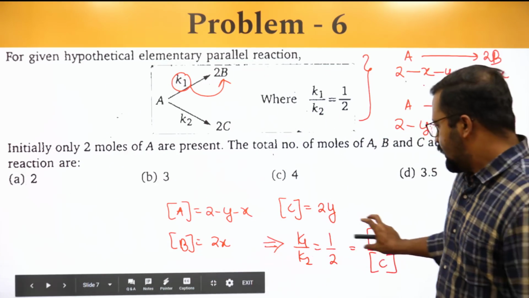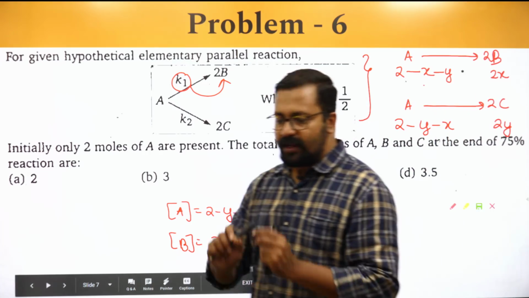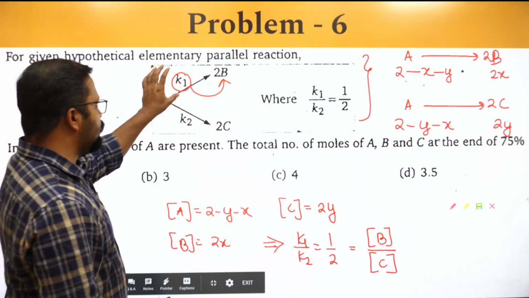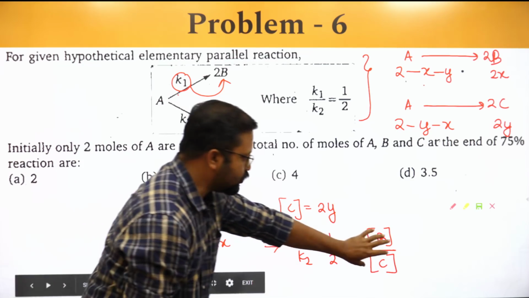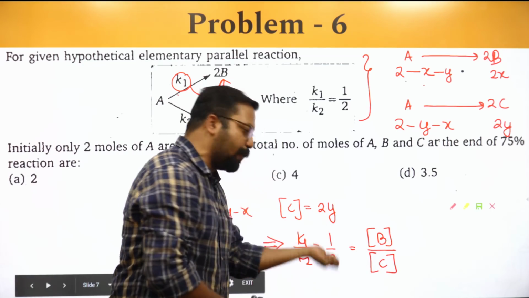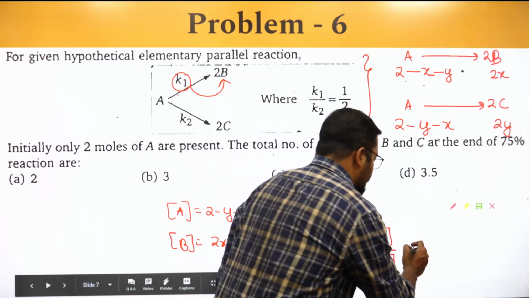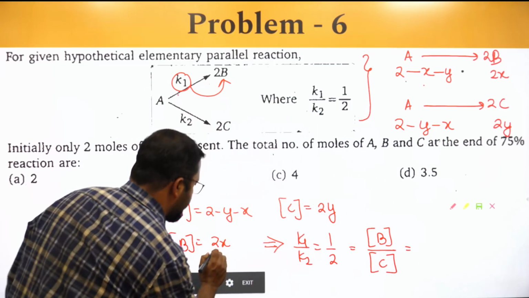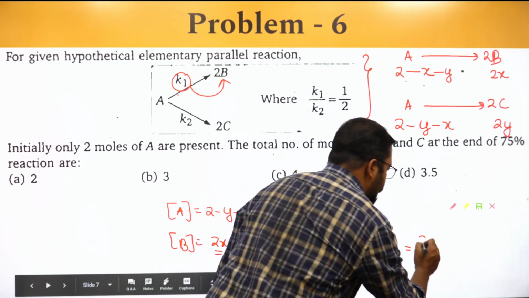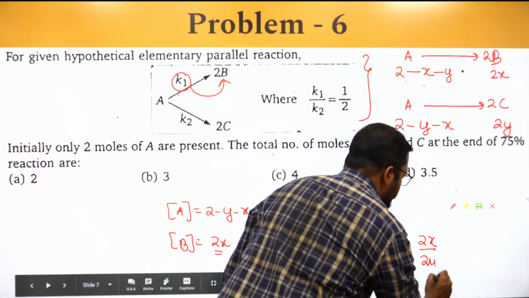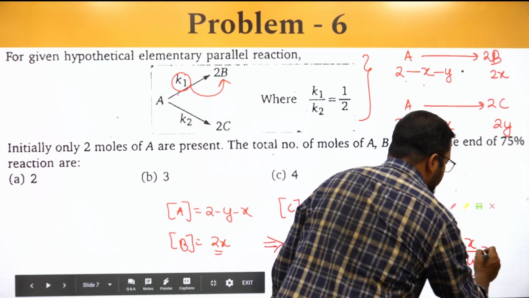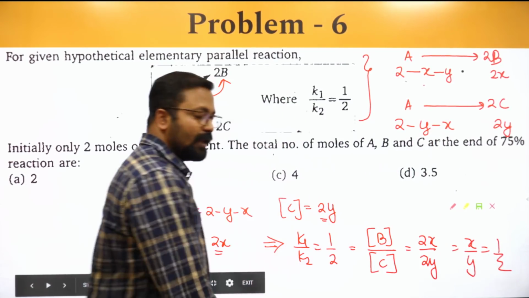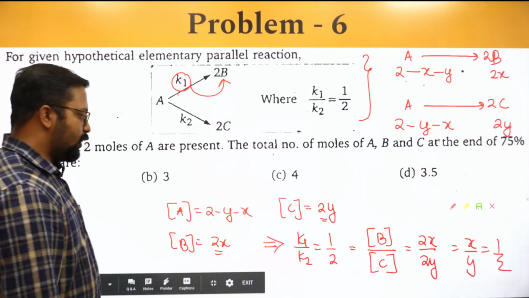Amount of B I wrote as 2X, and C as 2Y. So 2X by 2Y is 1:2, and X by Y becomes equal to 1/2.